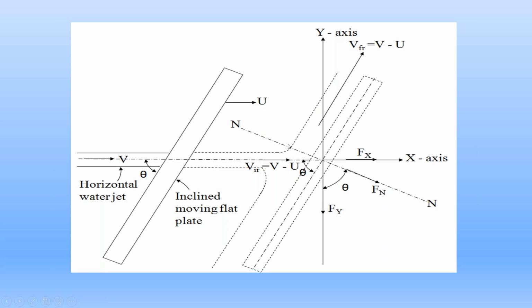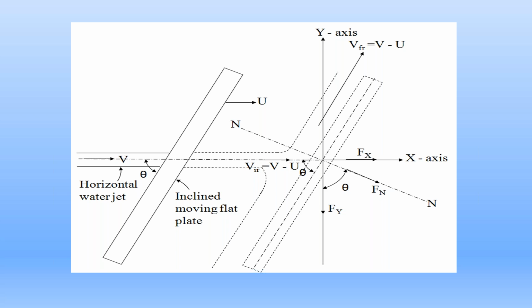This line N is perpendicular to the inclined flat plate. Since this dotted line N is perpendicular to the inclined flat plate, with the x-axis that dotted line is making the angle of 90 minus theta. Here this angle is 90 minus theta because the angle between the inclined flat plate and the x-axis is theta, whereas the angle between this inclined flat plate and this dotted line is 90 degrees, because the dotted line N is perpendicular to the surface of the flat plate.